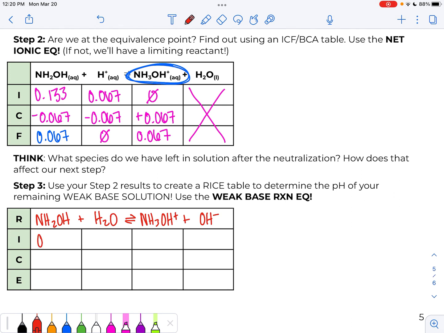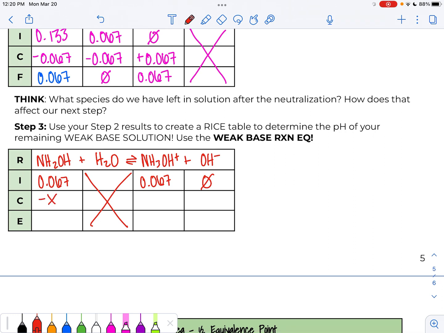So how much of our base do we have? 0.067, but we also have conjugate acid left over, 0.067. We don't care about water, cross it off, and we have no hydroxide initially that we have to concern ourselves with. So we're going to lose some of this, gain some of this, and gain some of this. So at equilibrium, here are our final concentrations that we have to worry about.